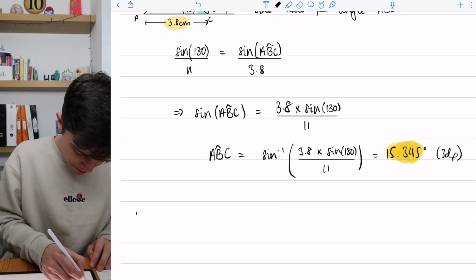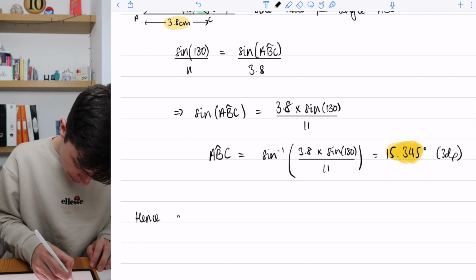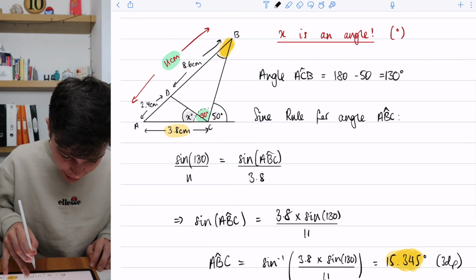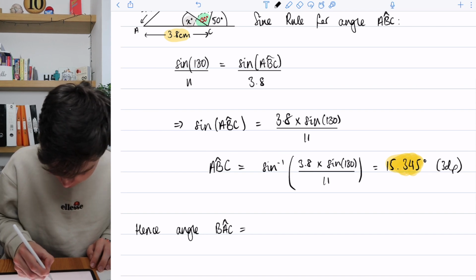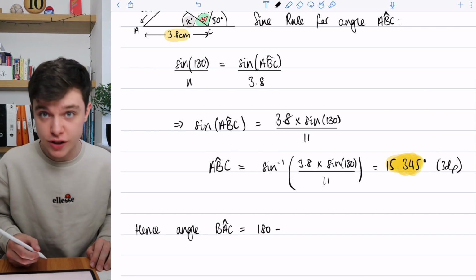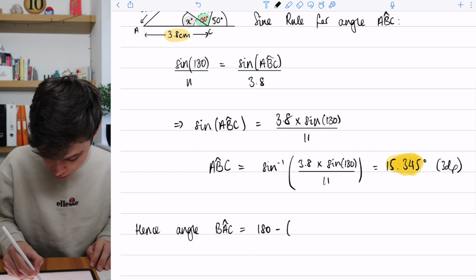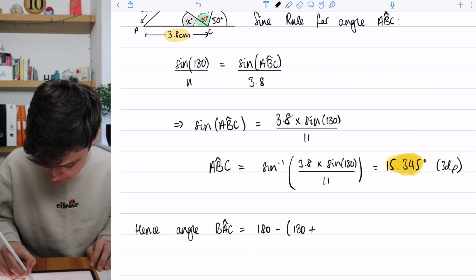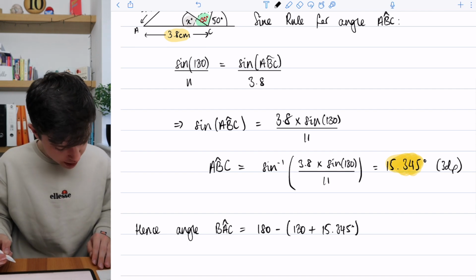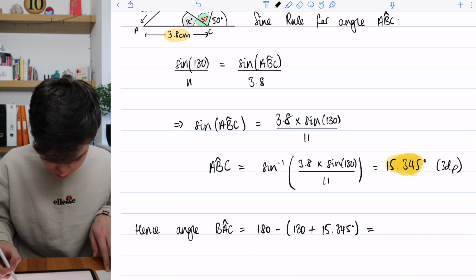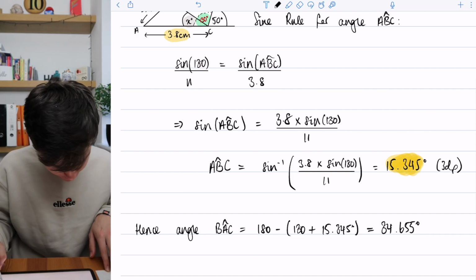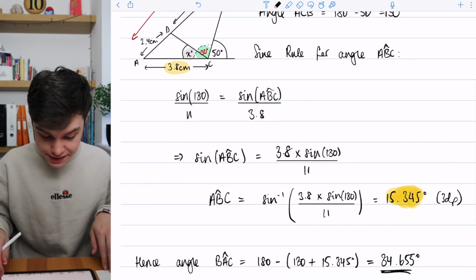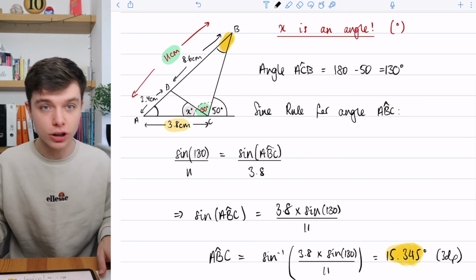So angle BAC will be 180, minus the sum of the angles that are already there, 130 plus 15.345, and of course that's degrees. That gives me, when you put it in your calculator, 34.655 degrees. That is this angle there.